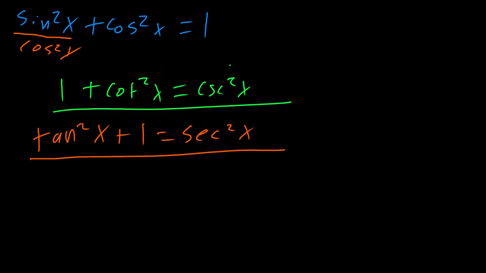There are some other ones besides the Pythagorean identities that you need to know that I'm not going to cover in this video. But these are the most important equations that you're going to see when you're verifying trigonometric equations. So here are some tips that you're going to need when you're verifying trigonometric identities.